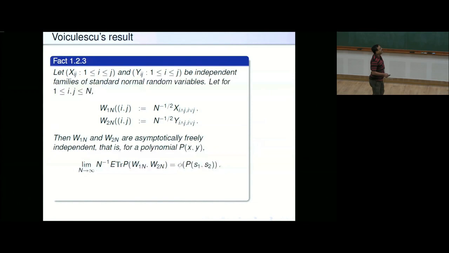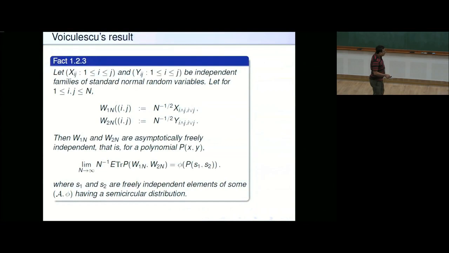That is, if you look at any polynomial P in two variables, then 1 over n expected trace of P of W1n and W2n is the same as phi of P of S1, S2, where S1 and S2 are freely independent elements of some C-star probability space having a semicircular distribution. Okay? So by what I told you, you can calculate phi of P of S1, S2 because you know that they're freely independent and you also know the marginals. Therefore you can use this to calculate the limiting spectral distribution of any polynomial of W1 and W2.